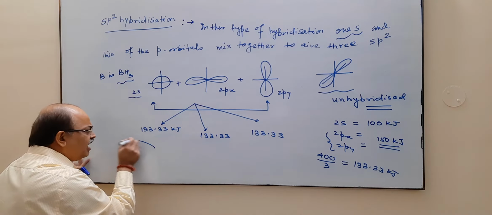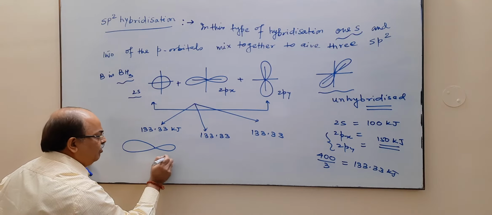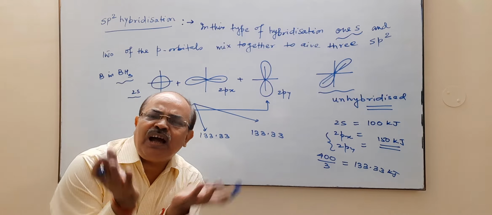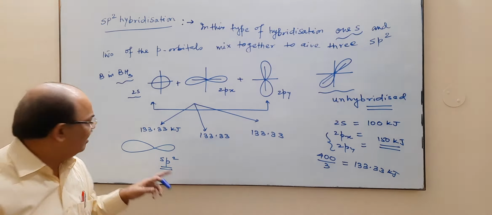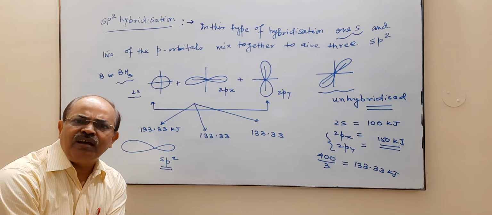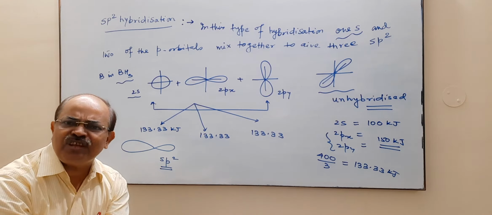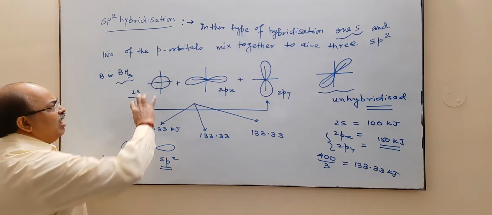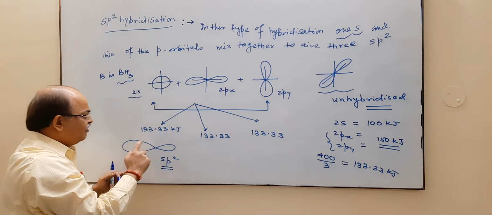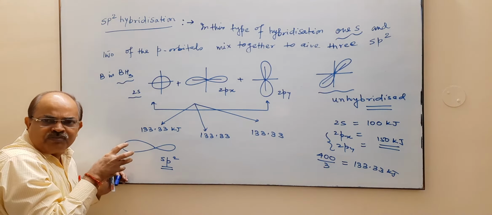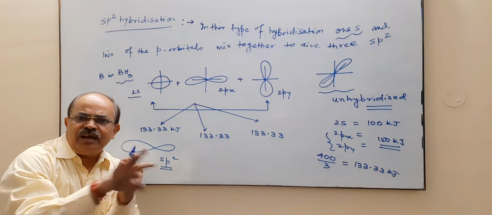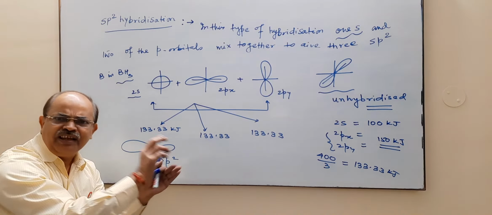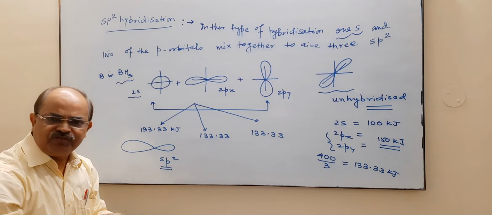So suppose, let us suppose this is your sp2. Now you will say, sir, the shape you wrote for the sp hybrid orbital, you wrote the same for sp2. Suppose this is the shape. So after mixing, one lobe will be larger. The electron probability comes in one place, and in this area we can say there is no electron probability. So that's why this lobe is smaller. So this is one of the sp2.